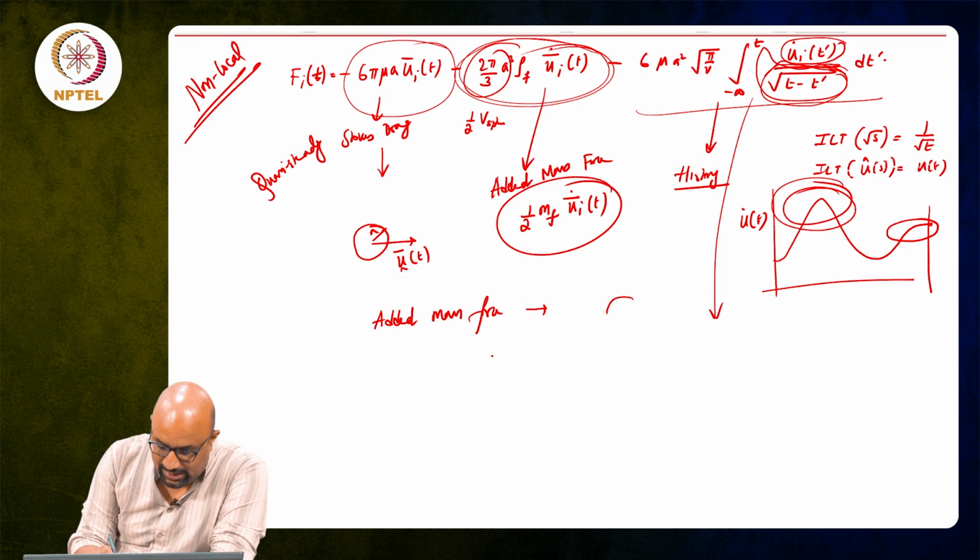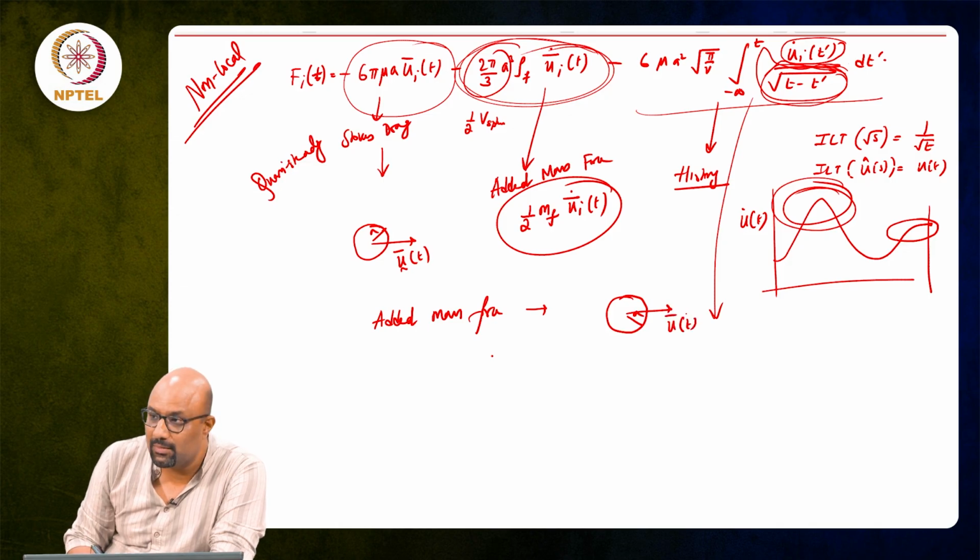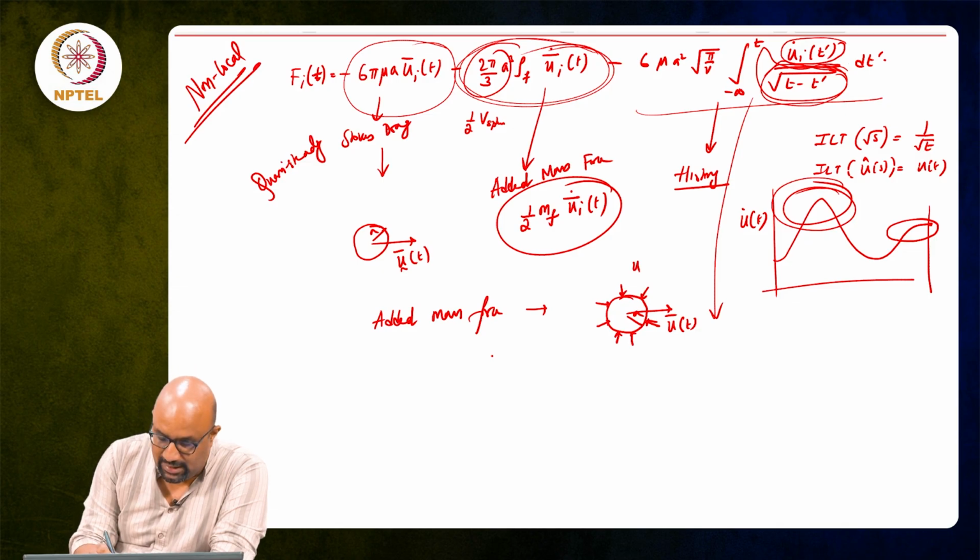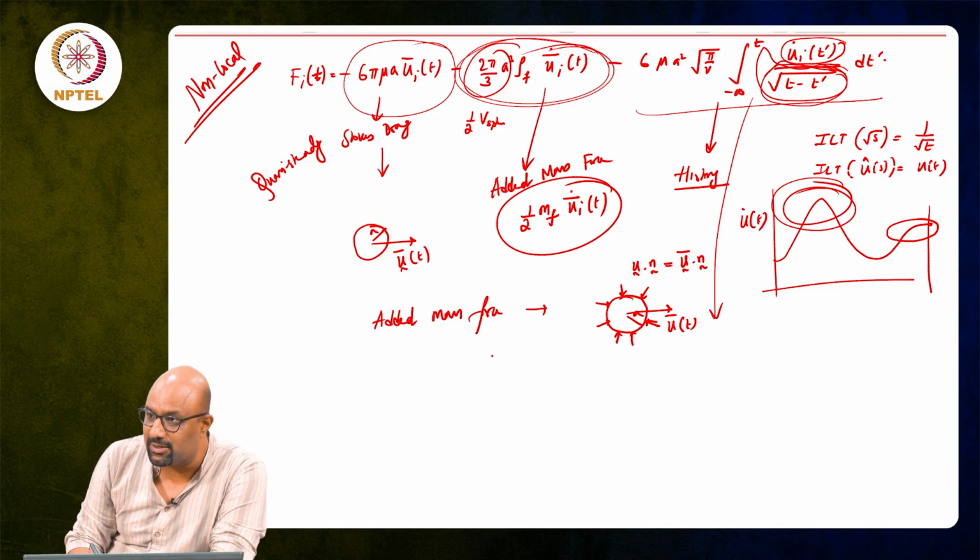So, imagine that I have a spherical particle of radius a and I was to move this particular particle with some velocity u of t. Now, at every point, whether you do a potential flow problem or you do a viscous problem, the normal boundary condition needs to be satisfied, which means that the fluid velocity, its normal component, should be equal to the normal component of the particle velocity. That is my no penetration boundary condition.